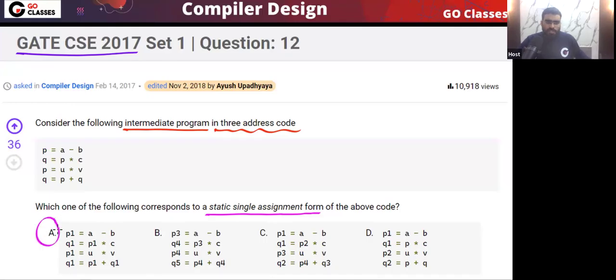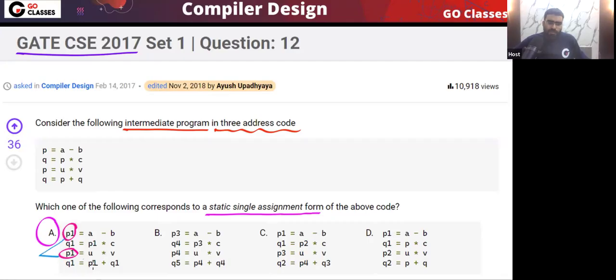Let me check option A. Is option A the correct static single assignment form corresponding to this given program? Notice the variable P1 here: you are assigning to P1 more than once.